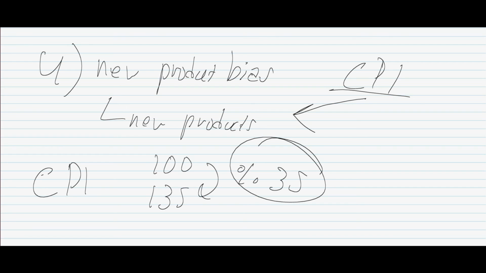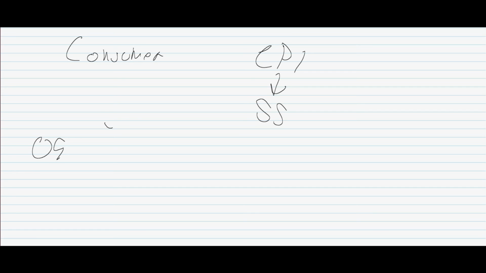And one more thing is this. CPI measures how much an average consumer spends, right? So, CPI is linked to, in the United States, Social Security checks. Here's how that works out. For example, let's say in 2009, your Social Security check was $2,000, and the CPI was 100.